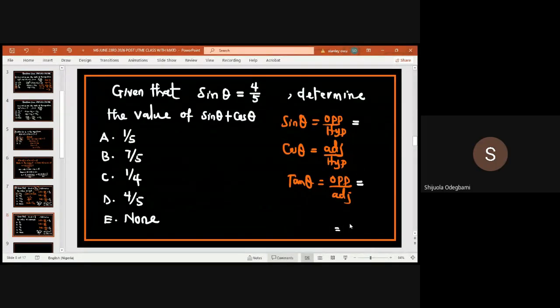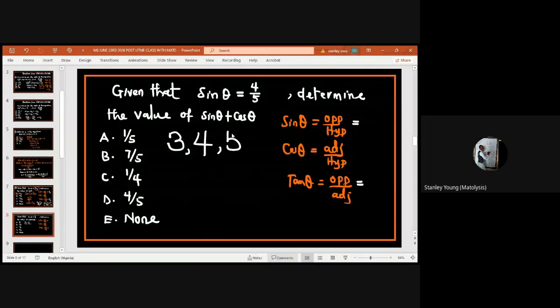7 over 5. That's correct. The answer is 7 over 5. So by eye inspection, I said in Pythagoras theorem, when you see a 3 and a 4, you should have a 5 as the hypotenuse. The question supplies sine as 4/5. That means the opposite is 4, the hypotenuse is 5. Then something tells me automatically that the missing piece, which is definitely not the hypotenuse, is 3.